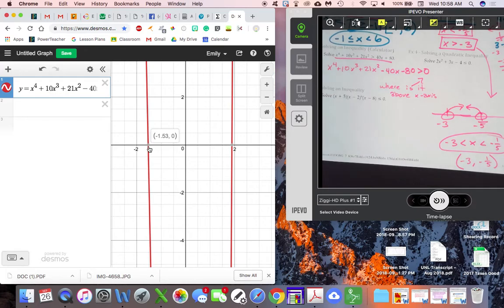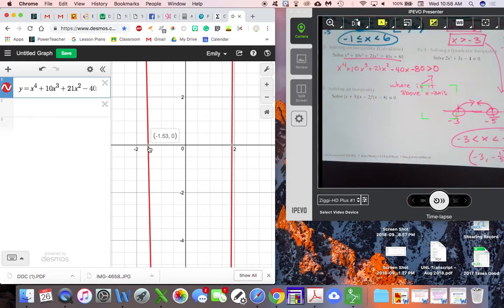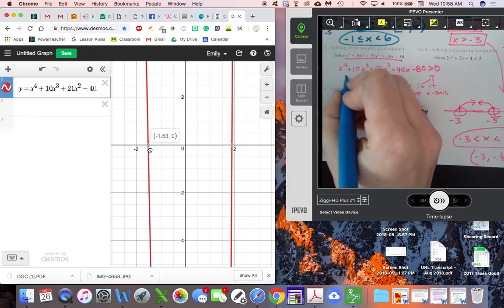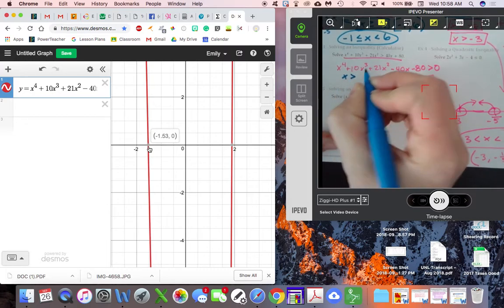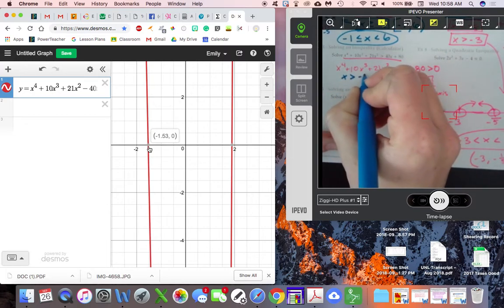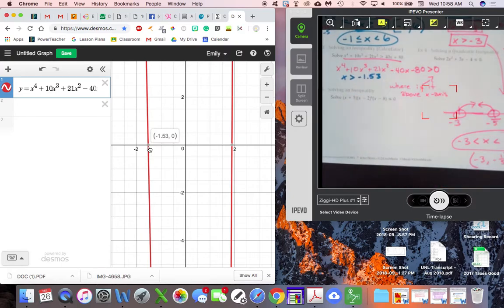Does that make sense? Anytime it's over here on the left side of negative 1.53, my answer is above the x-axis. So one thing that I will write here is one of my answers is x has to be greater than negative 1.53. Does that make sense?